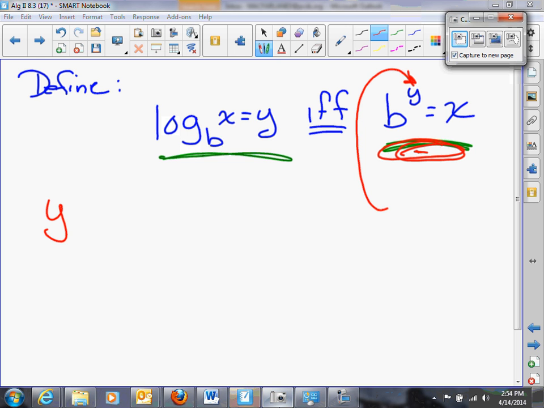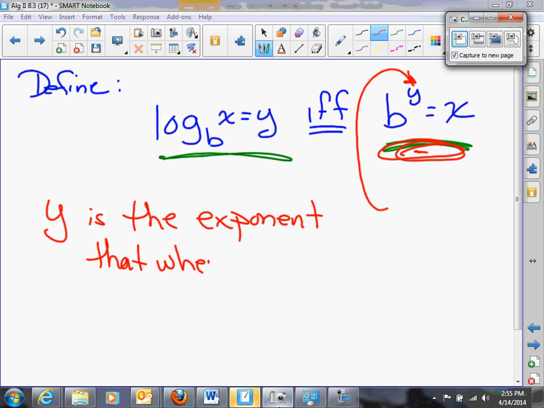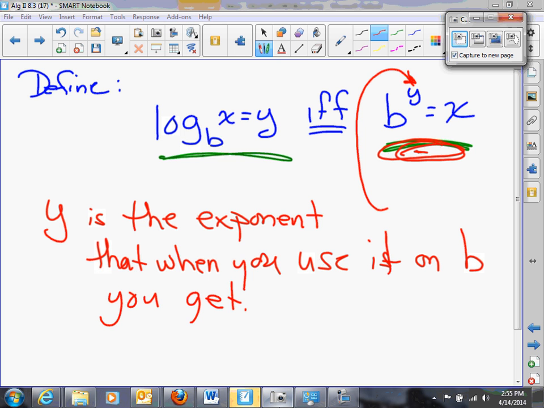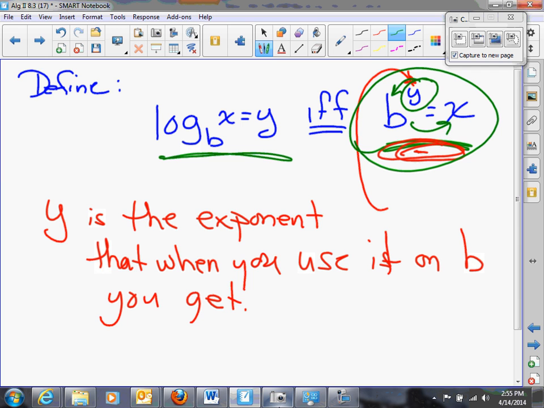Y is the exponent that, when you use it as an exponent on b, you get x. So y is the exponent that when you use it on b gives you x.